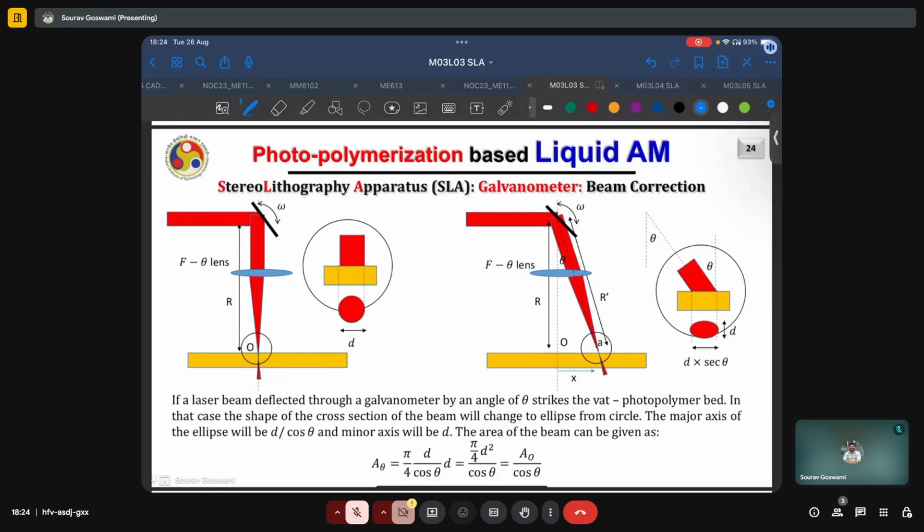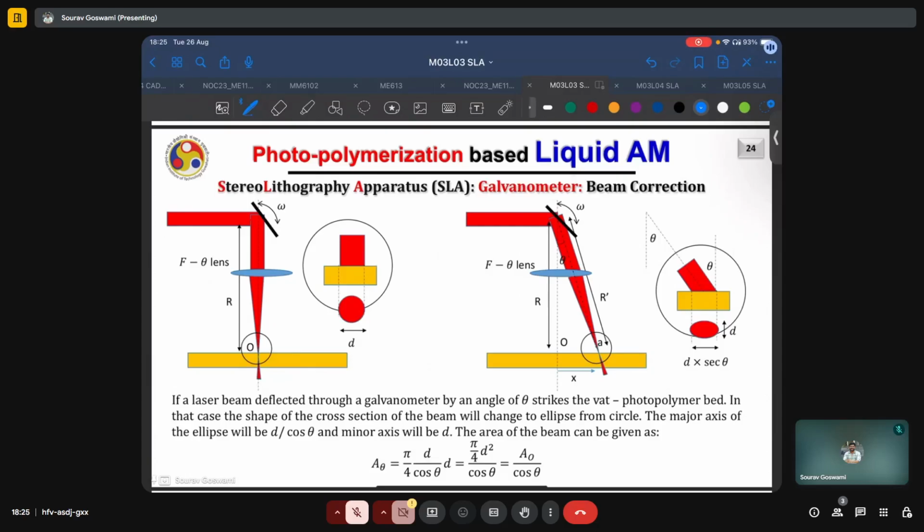A second aspect which was discussed as a potential disadvantage of using galvanometers as a scanning system for SLA processes is distortion of the beam shape. We also discussed this previously, where when a laser beam is incident very close to parallel to the optical axis, or at just small angles to the optical axis, we can expect the cross section of the incident beam to still retain its original shape, which in most cases would be circular, unless specifically shaped or designed otherwise.